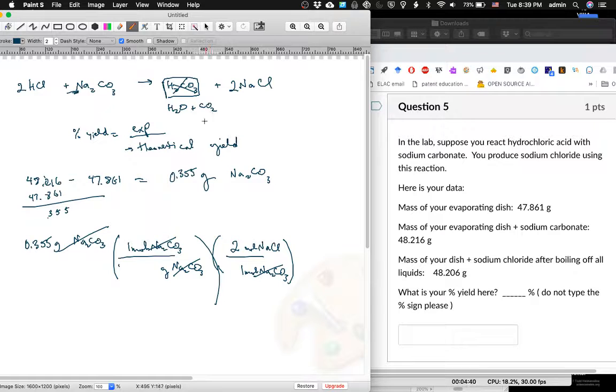We didn't do that for this. So it is sodium chloride that we're going to be looking for here. So 1 mole of sodium chloride, and the molar mass of that is 58.44 grams.